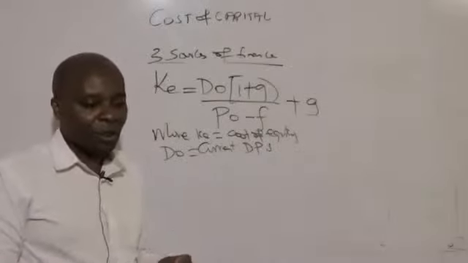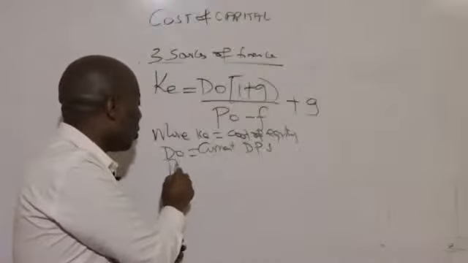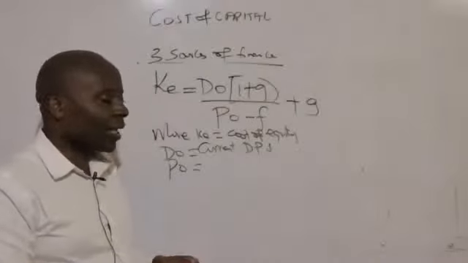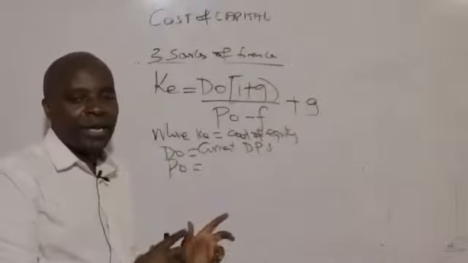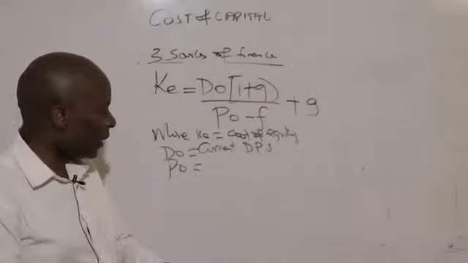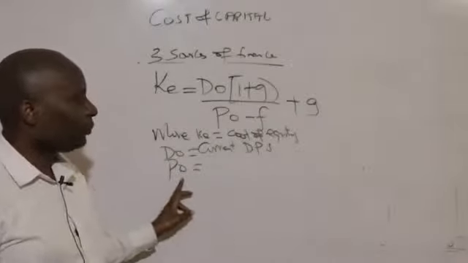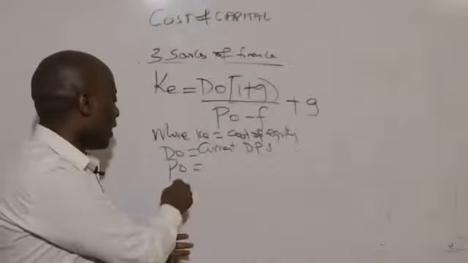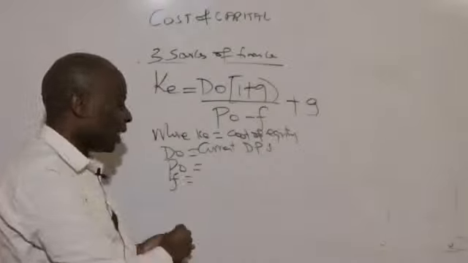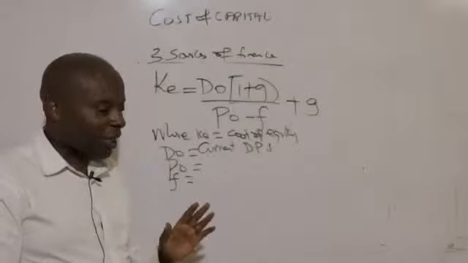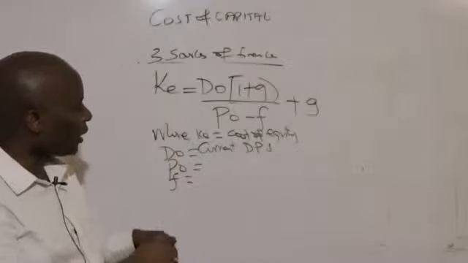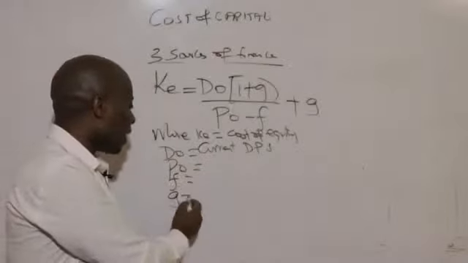And then we have P0. P0 is the current market price per share. Current because of 0. And then we have got F. F, ladies and gentlemen, stands for what here? Flotation cost. F stands for flotation cost. And then we have got G. G stands for growth rate.